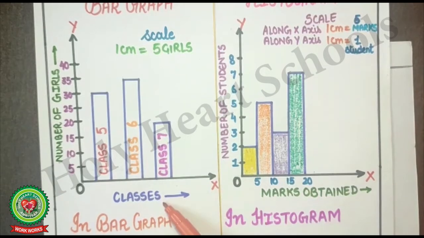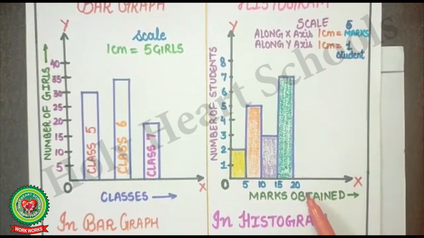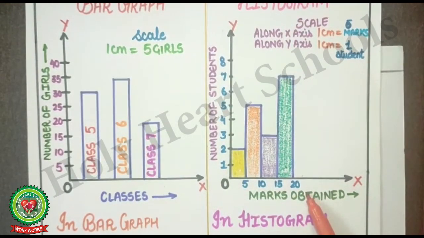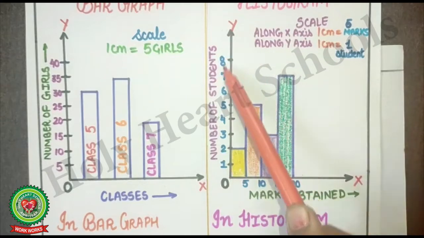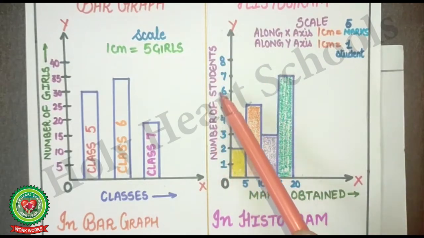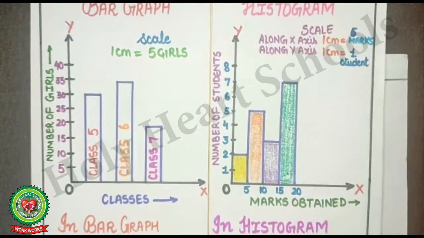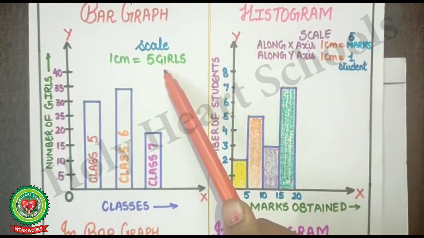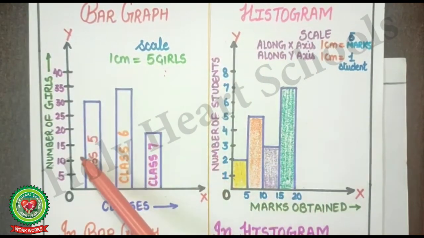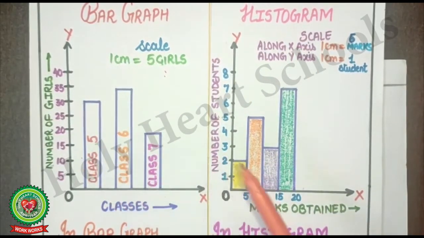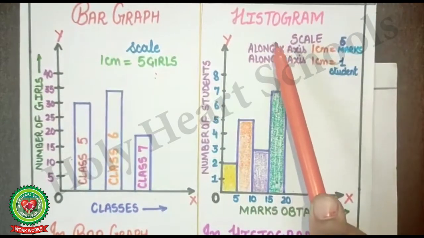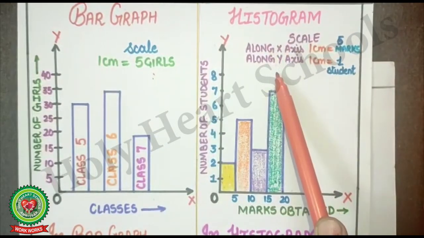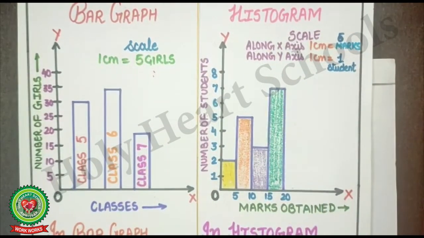In bar graph we are having categories, but in histogram we are having continuous grouped data. And on the y-axis we are having number of students. One more difference is of scale. In bar graph you will write scale only for the y-axis, but in histogram you have to write the scale for the x-axis as well as for the y-axis.